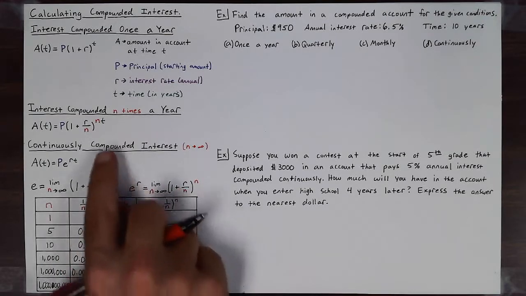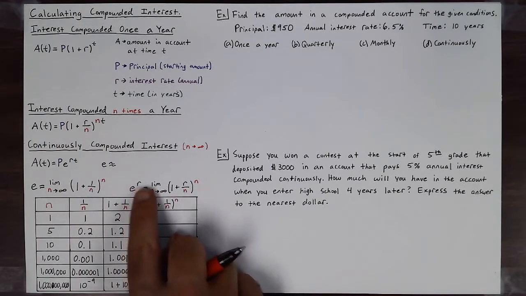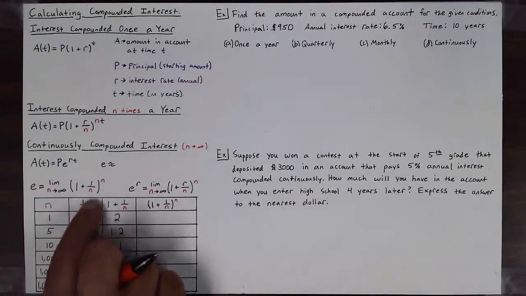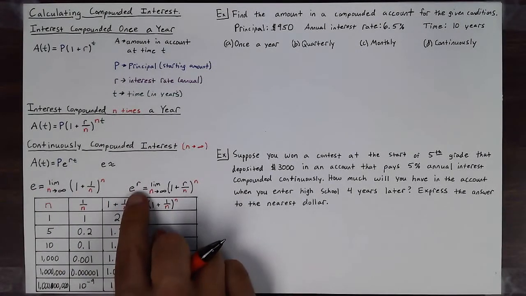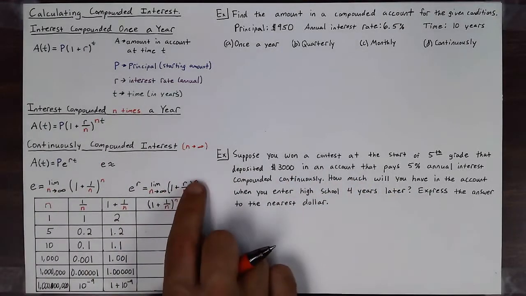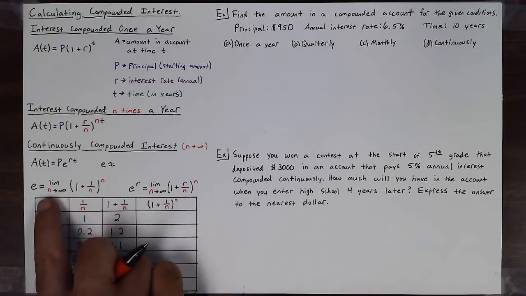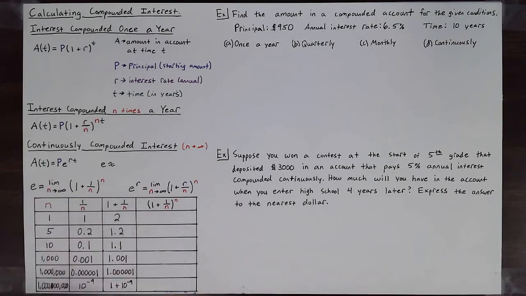Now, I know this is 1 plus r over n to the nth, and that's what e to the r is equal to, but I'm going to show you where that initial number comes from, and then you can repeat this process for e squared and e to the third, and you can see that it's the same pattern every time for very large values of n. This, by the way, is called a limit, and it just means use a very large value for n, and that's what this is equal to.